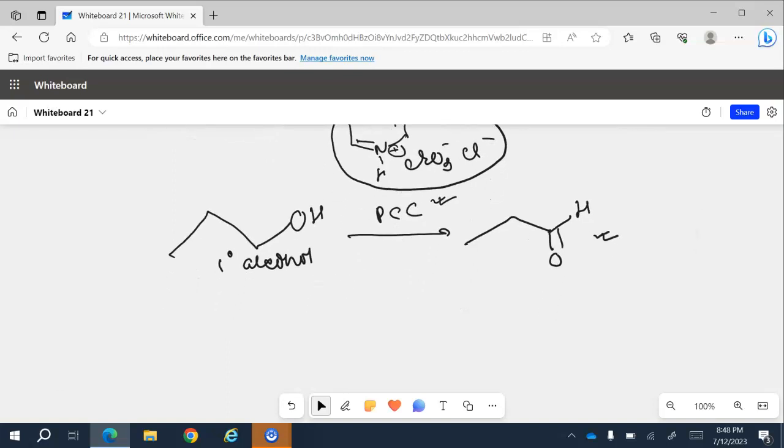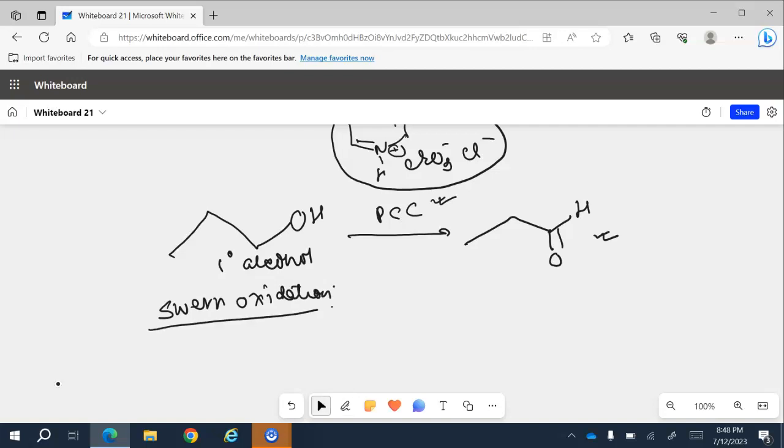There is another way of stopping in the aldehyde state. That is what we call Swern oxidation. Swern oxidation.